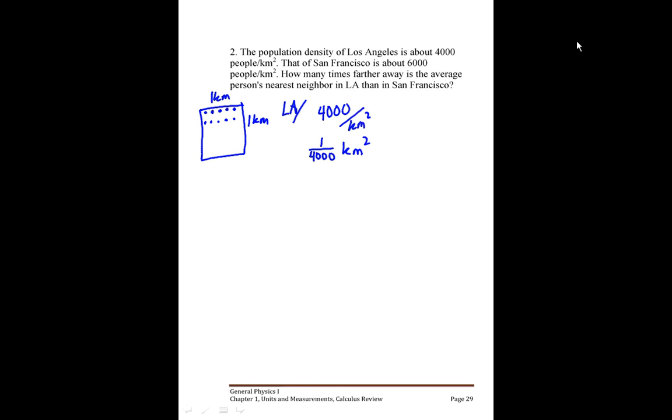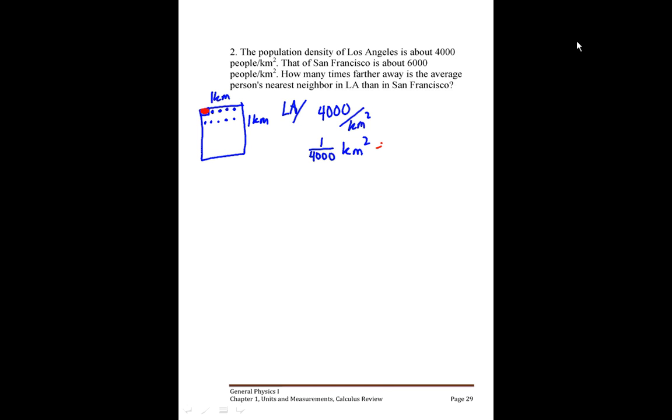That means that this person occupies a space that's equal to 1/4,000th of a square kilometer. So this space right here of that one person is 1/4,000th of a square kilometer. All right, so that's the area.